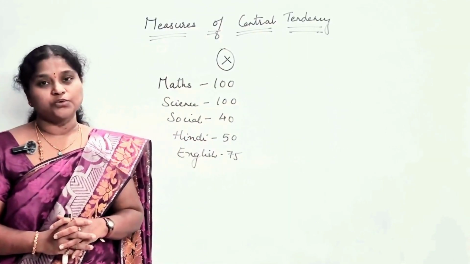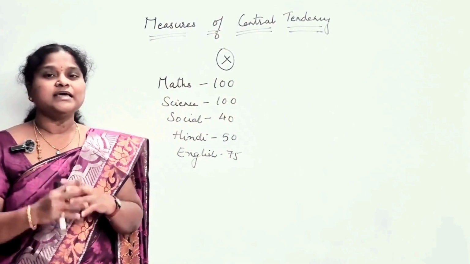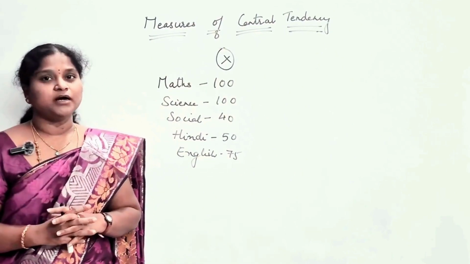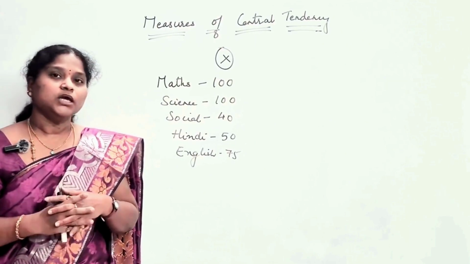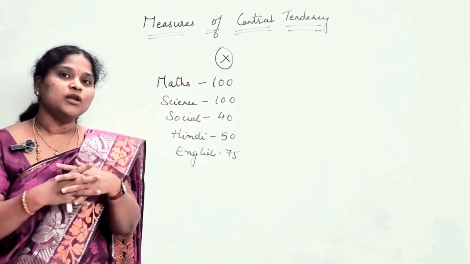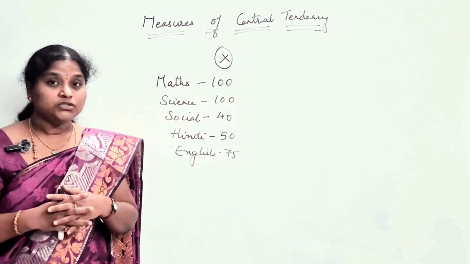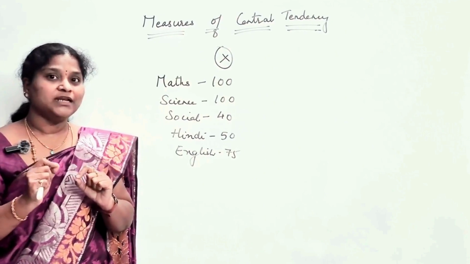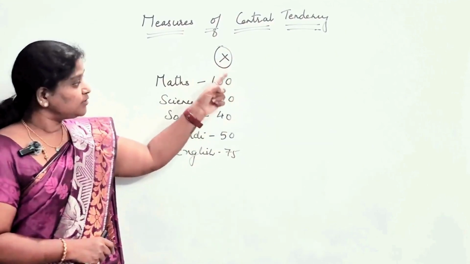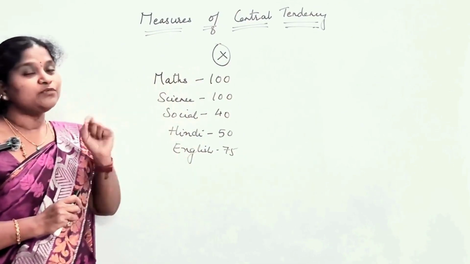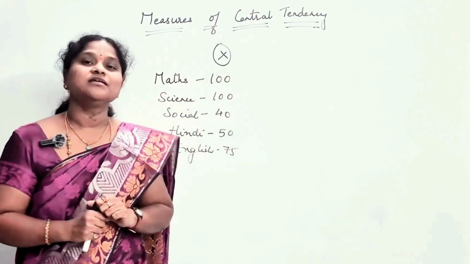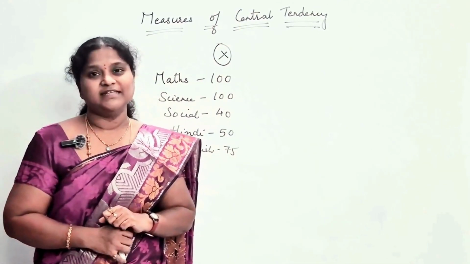He is an average scorer in English, while he is a below average performer in Hindi and social. My priority is to find out his overall performance in academics. So, I need to find a value of X that represents the entire data. That value is found using the measures of central tendency.